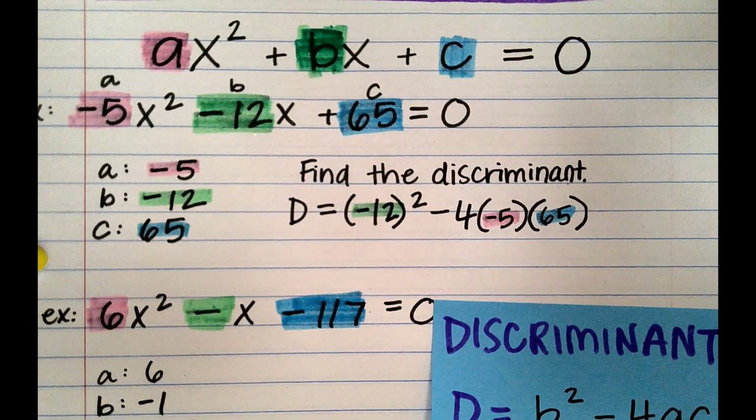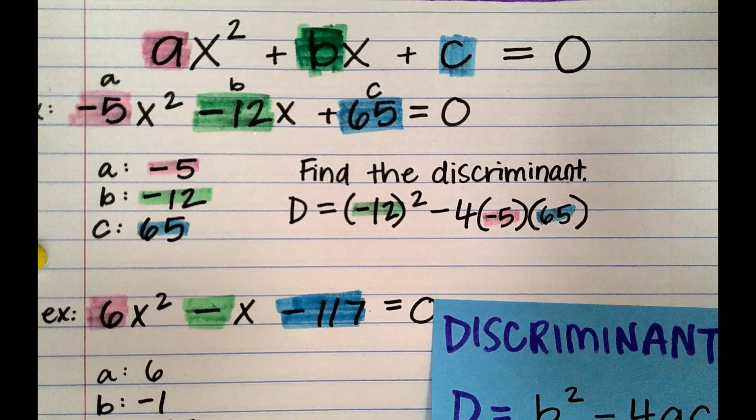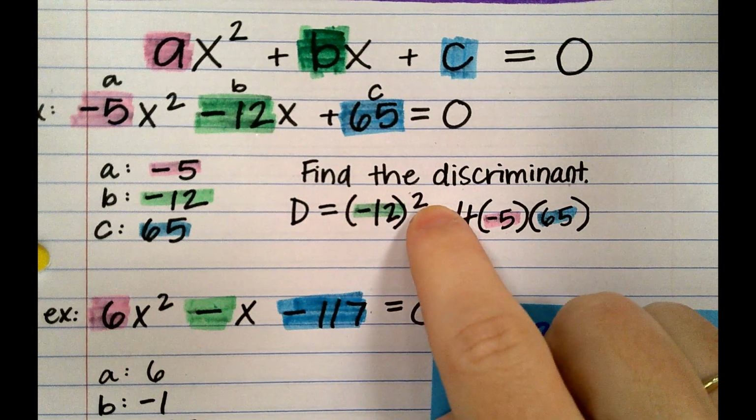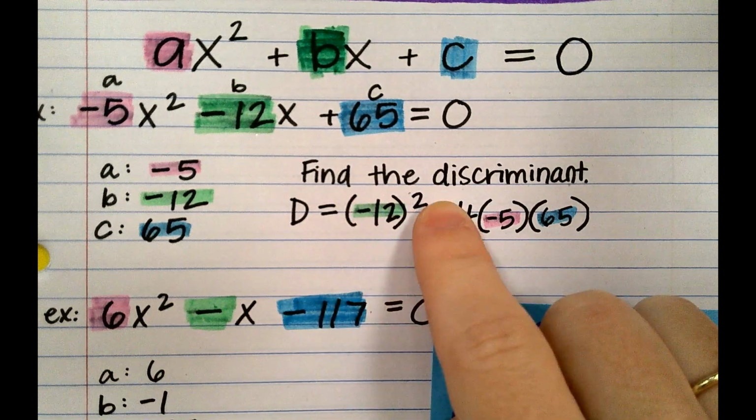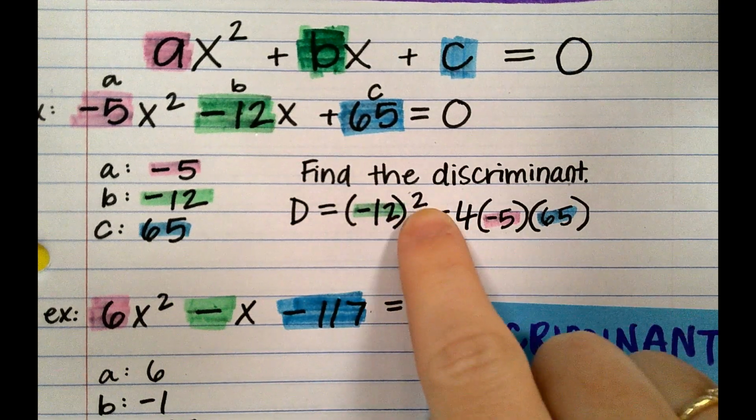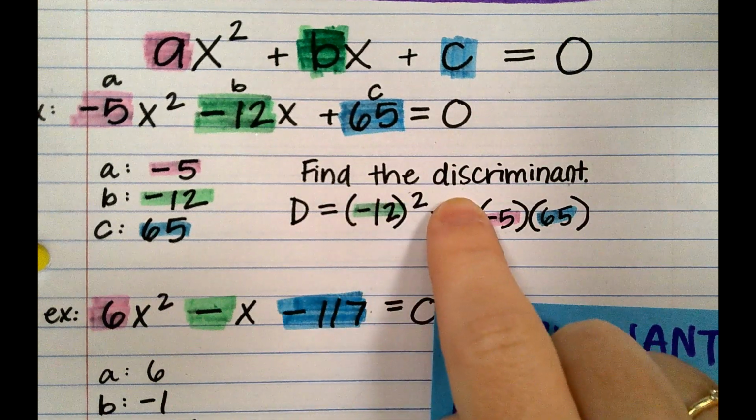How could I find negative 12 squared? What does that really mean I'm doing? Negative 12 times negative 12. Okay, I hear two different things: multiply by 2, or negative 12 times negative 12. A very common mistake we might see is that you see a squared and you think, I'm just going to take this number times 2. This is not negative 12 times 2.